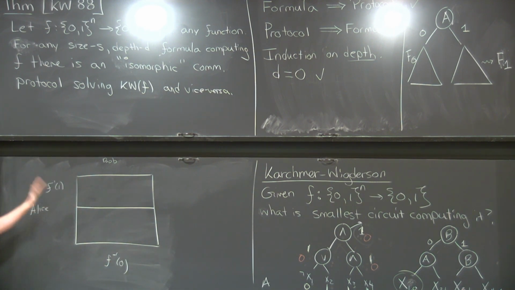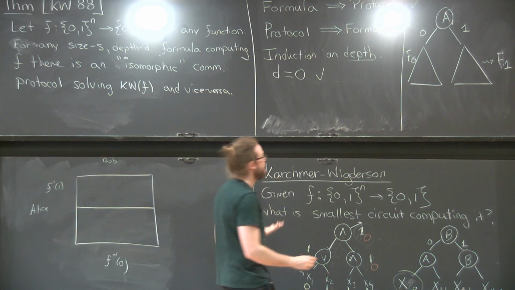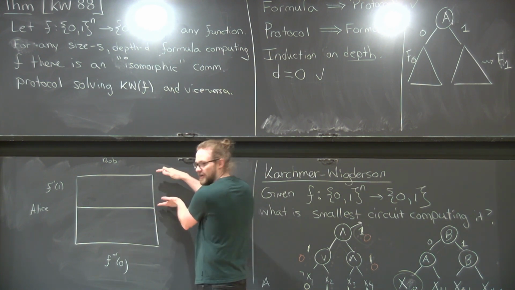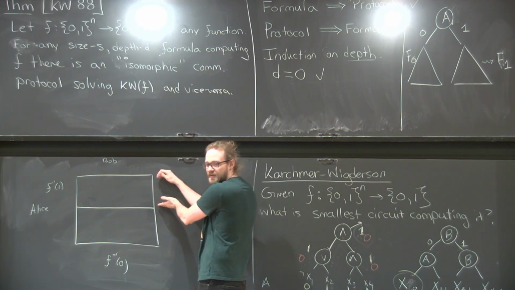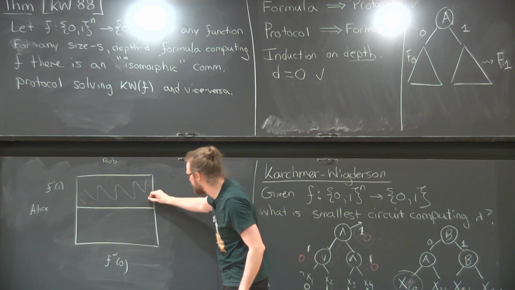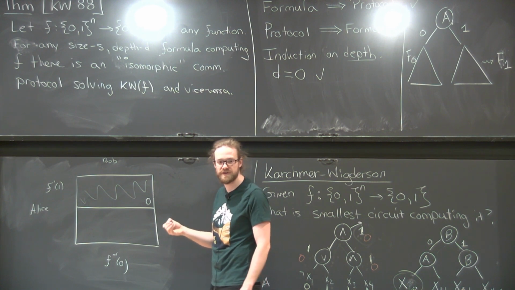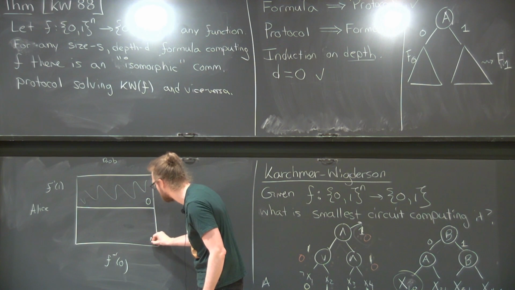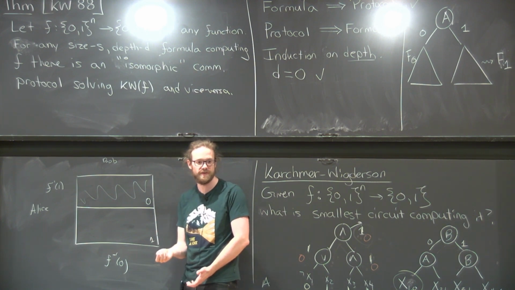So the rows are labeled with 1s, the columns are labeled with 0s. Now inductively, what we get is one circuit which will be correct on all of the inputs in which Alice sends 0 first. And we'll get a second circuit which is correct on all the things where Alice outputs 1 first. Does that make sense?